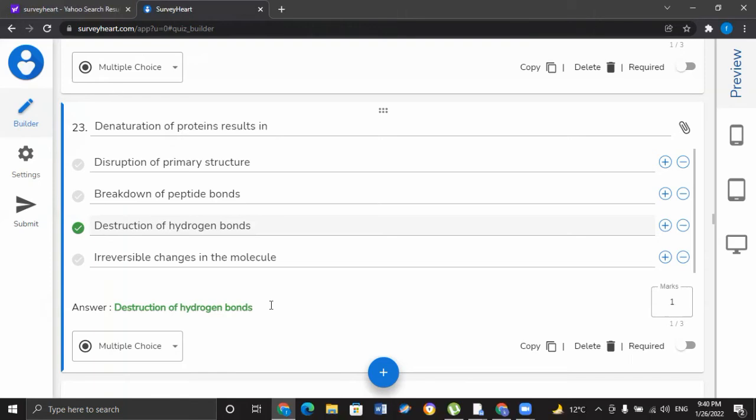So the correct option for MCQ 23 is C, destruction of hydrogen bond.